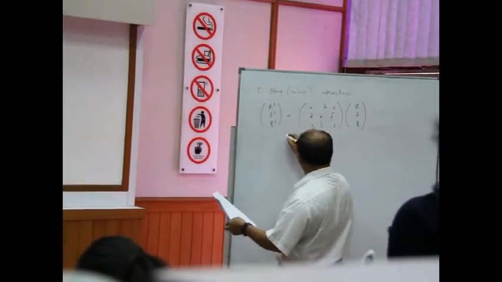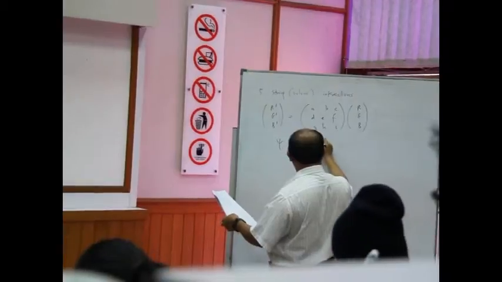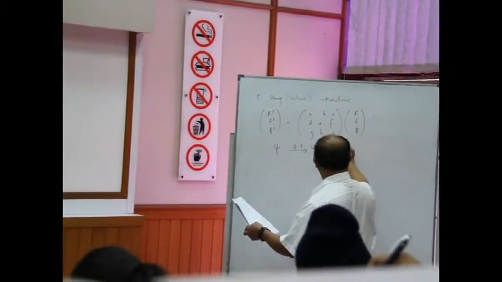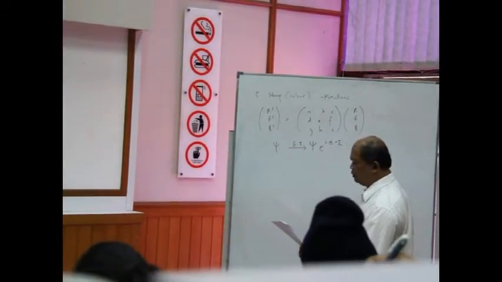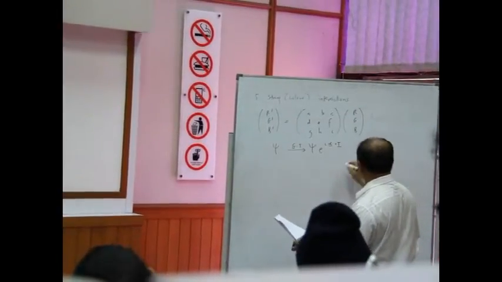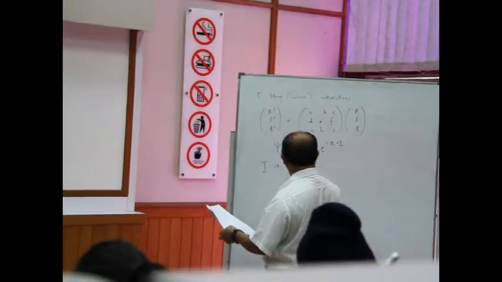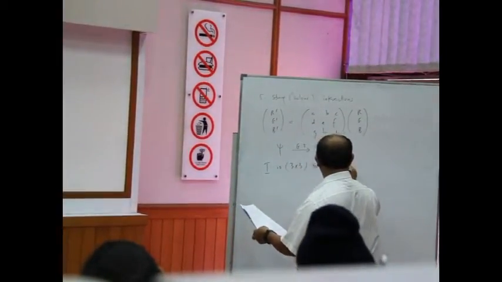So here the gauge transformation will be e^(i alpha dot T), where T is a 3x3 traceless matrix. So this T is 3x3 traceless matrices.